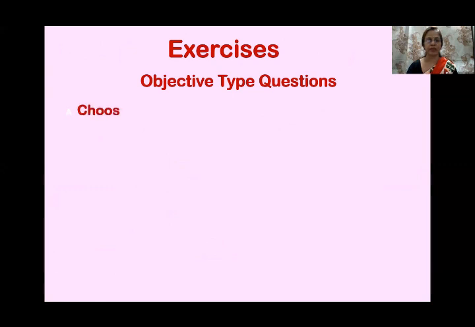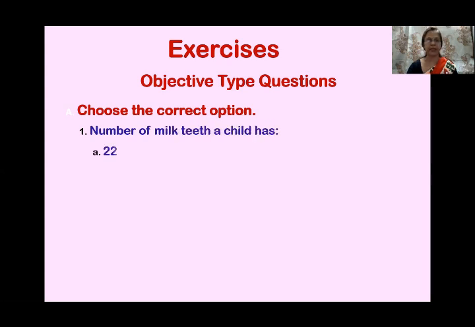Now the first question which we'll go for is choose the correct option. Number of milk teeth a child has. First option is 22. Second is 20. Third option is 28.